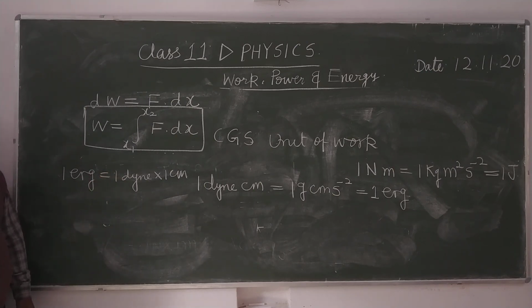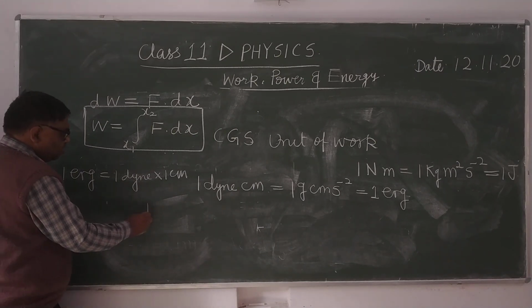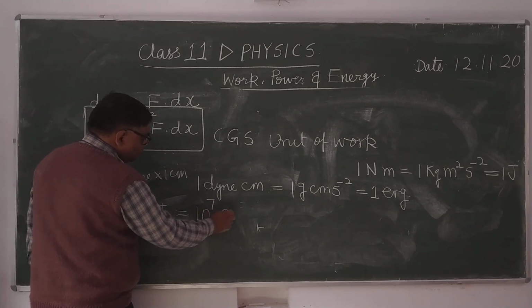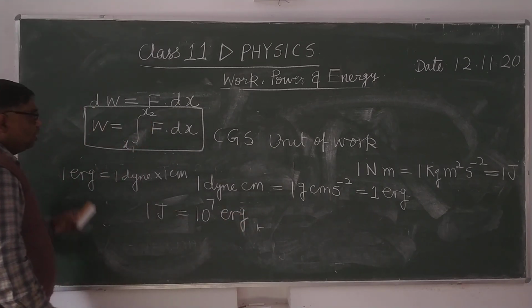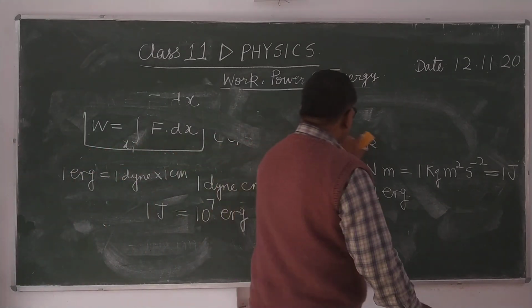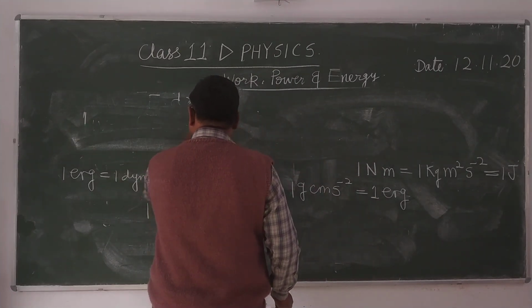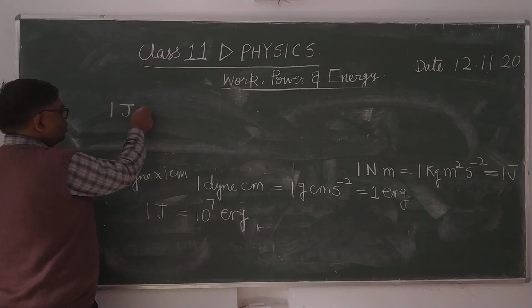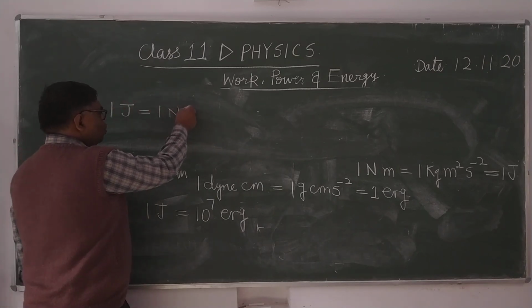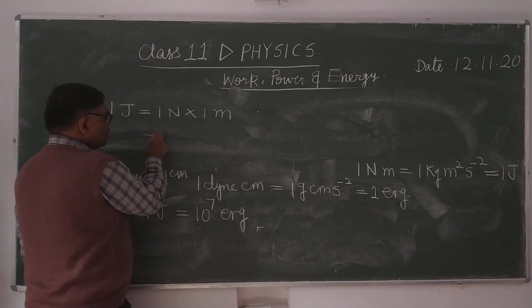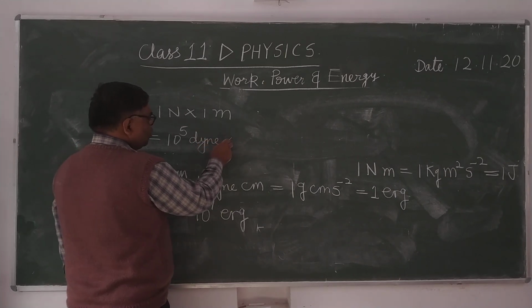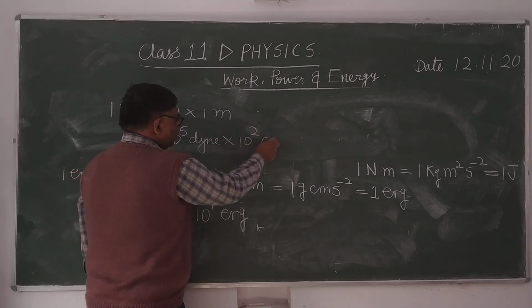Now after this, I will deduce one relationship between joule and erg. 1 joule, you know, is 10 to the power 7 erg. Already you have done these things in class 10, but for revision purposes, you can see: 1 joule equals 1 Newton into 1 meter. 1 Newton you can write as 10 to the power 5 dyne, into 1 meter, 10 to the power 2 centimeter.